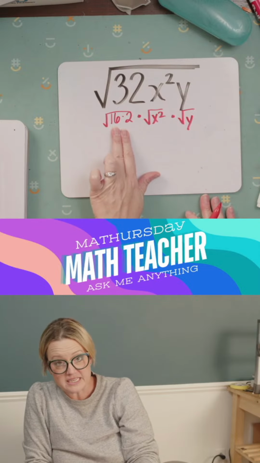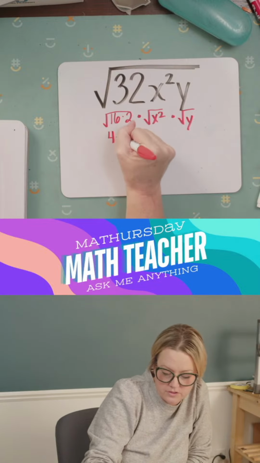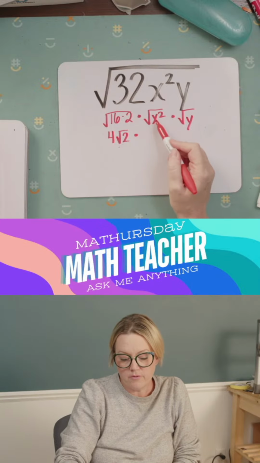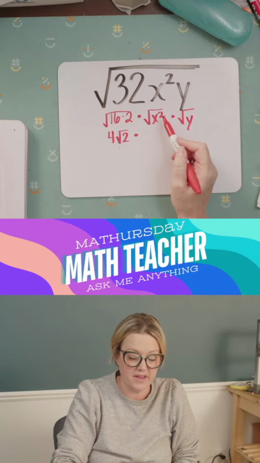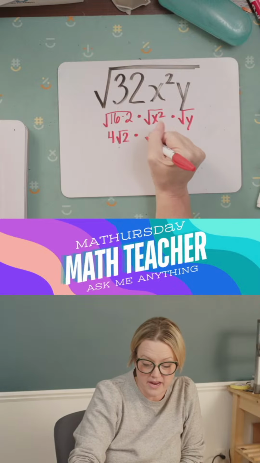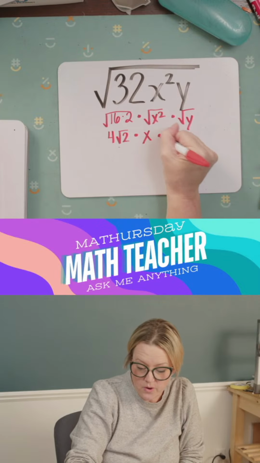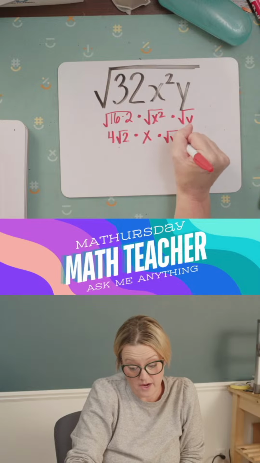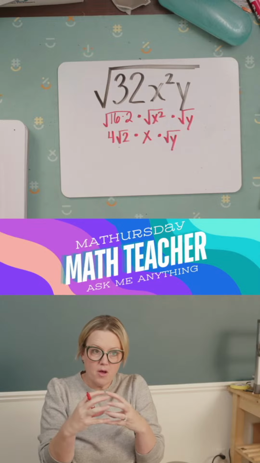So square root of 16 times 2 is going to become 4 root 2. Square root of x squared is a perfect square, so I can take the square root of it. The square root of x squared is just x. And then the square root of y, I can't take the square root of that because I don't know what it is, so it's just the square root of y. So now I can combine them all back together.